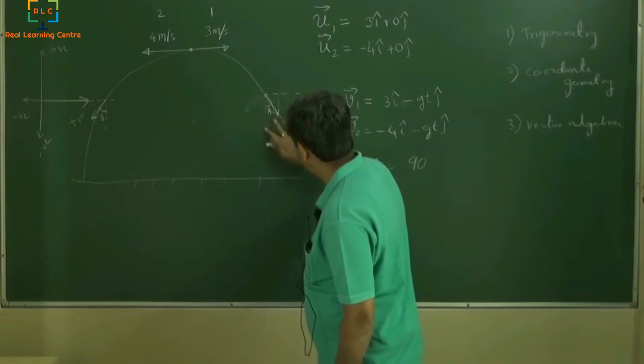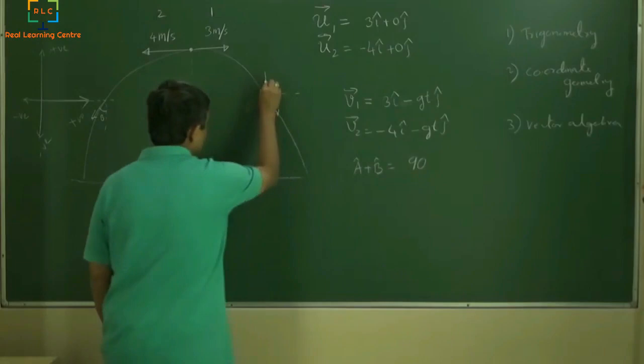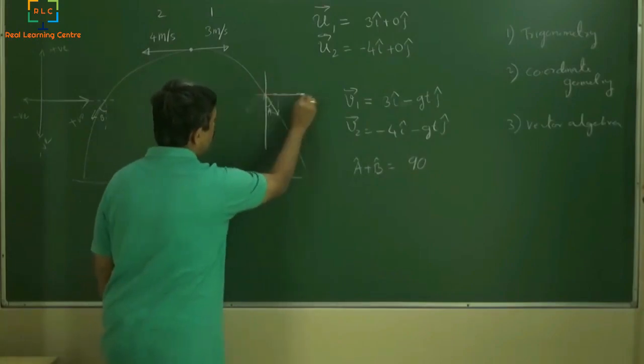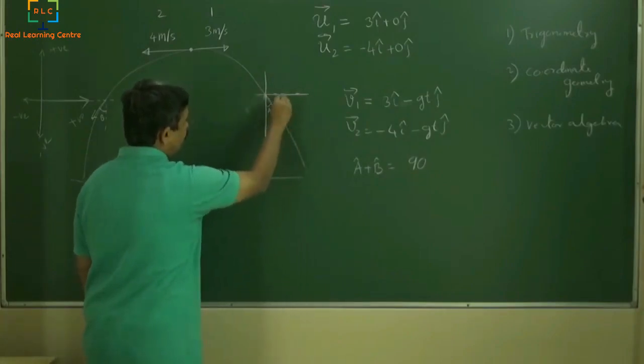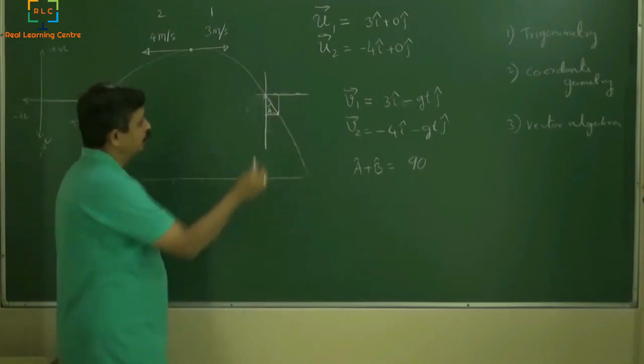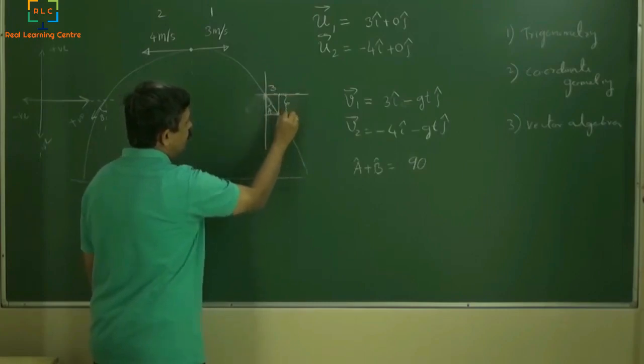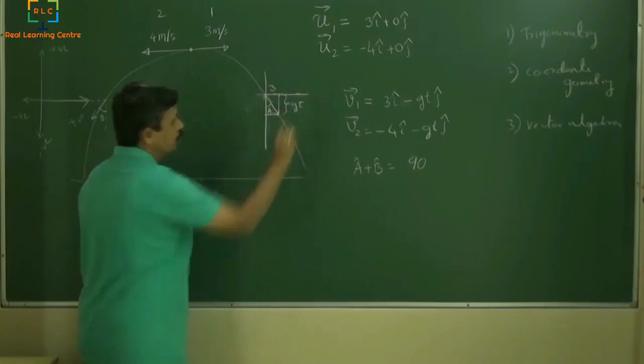Let me just draw a slightly neater diagram. If I draw a line like this, this part from here to here is 3 and from here to here is gt.